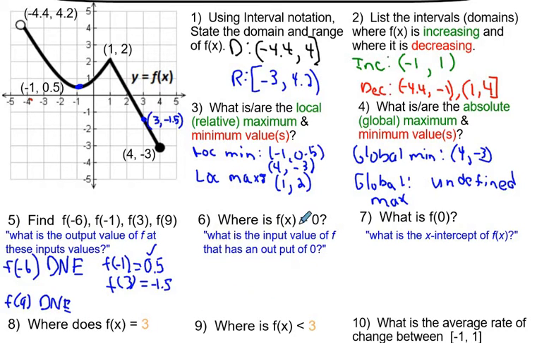All right, let's see if we can remember what this is asking. So it says, where is f of x equal to 0? Again, it's saying in English, what is the input value of f that has an output value of 0? And one way to think about that would be to draw a line at 0, but that's actually asking for the x-intercept, right?